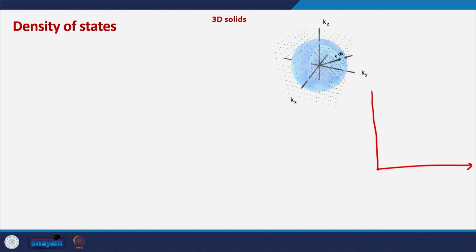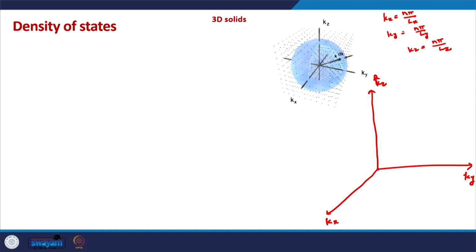That is why we plot the solution k points in k space, which means we have kx, ky, kz axes, and the allowed k values: kx is n pi by lx, ky is n pi by ly, and kz is n pi by lz.